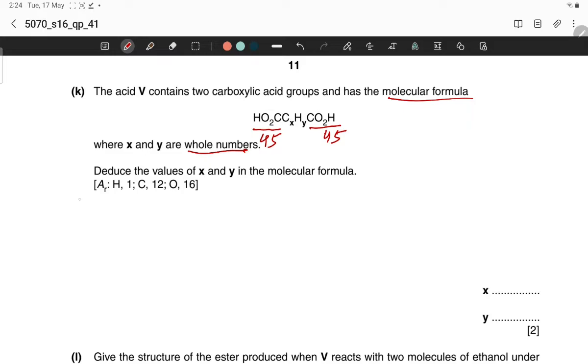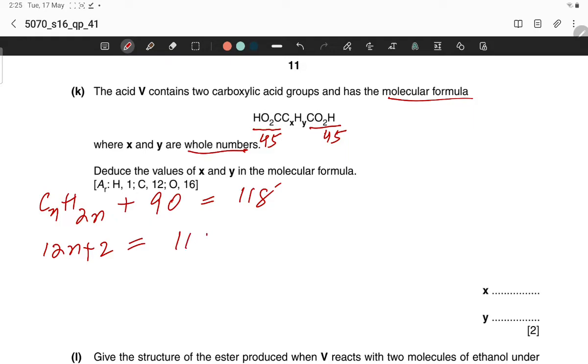So if we take CnH2n plus 90 is equal to 118, then 12n plus 2n is equal to 118 minus 90, which is 28. So 14n is equal to 28, so n is equal to 2.